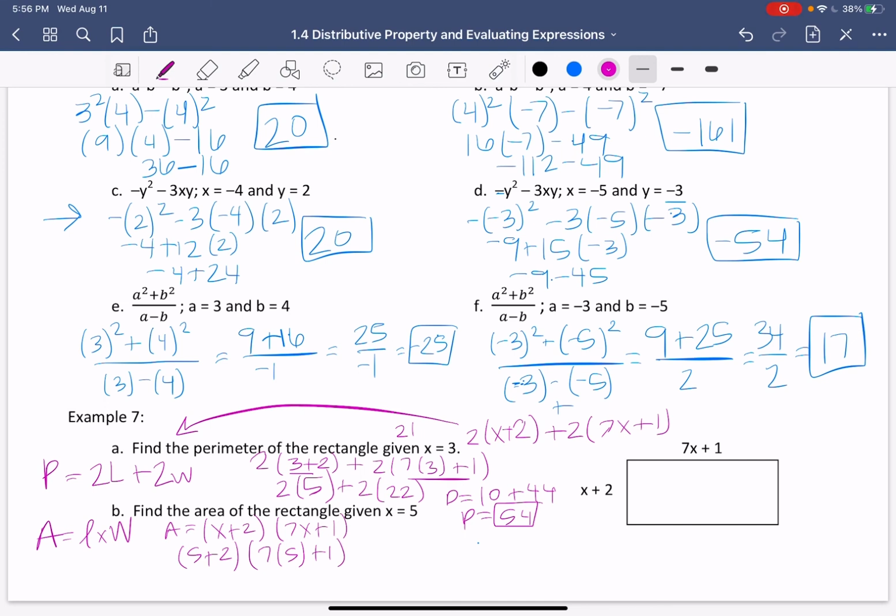So let's go ahead and work out what's inside the parentheses. 5 plus 2 is going to give us 7. Okay, then we have 7 times 5 plus 1. 7 times 5 is 35, plus 1 gives us 36, so 7 times 36. So our area is equal to 7 times 36, which is 252.